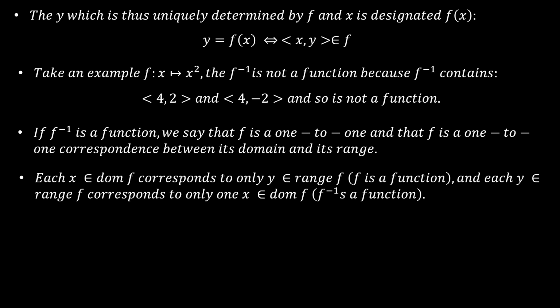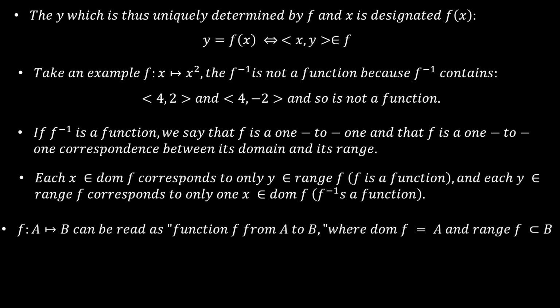We'll have a specific word for this relationship, where there is a one-to-one forward and backward relationship. We could also say that each x in the domain of f corresponds to only one y in the range of f, and each y in the range of f corresponds to only one x in the domain of f. In that situation, f inverse is a function.